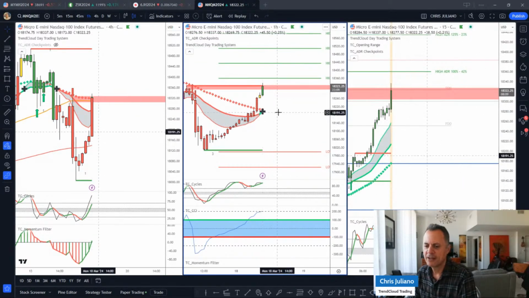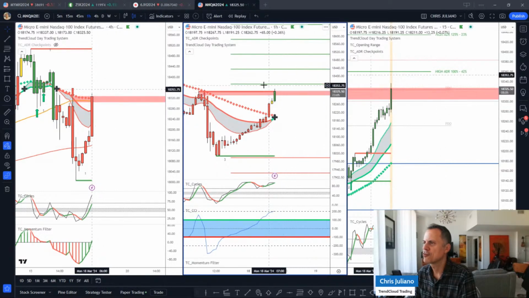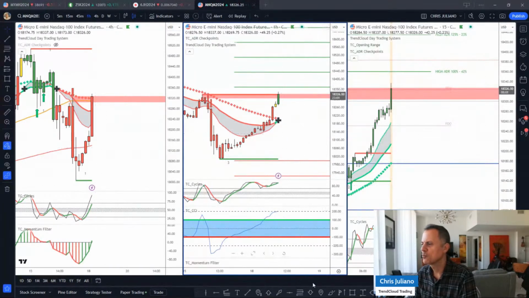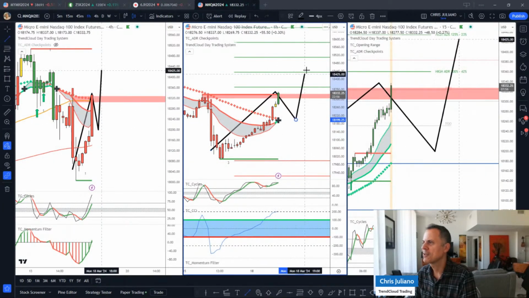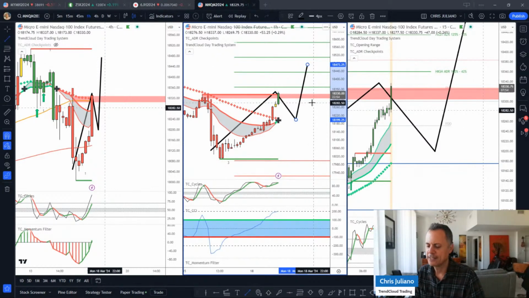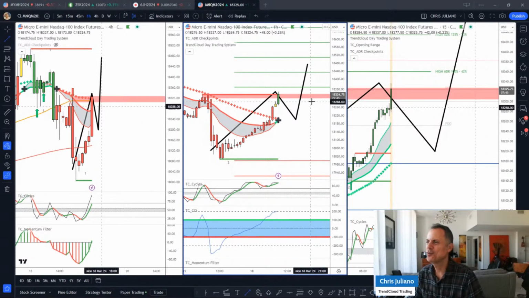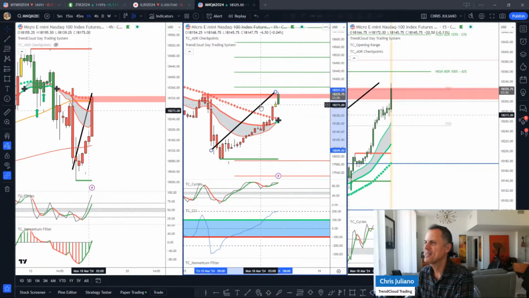So for me, control alternate H hides what I drew. It hides the drawings. That's cool, because when we draw a bunch of stuff, if we're doing a demonstration here, let's say control alternate H. Yeah, look at that, man. Graham with the TradingView hack. That's cool. I like that. Instead of going back and erasing everything. All right, right on, man.